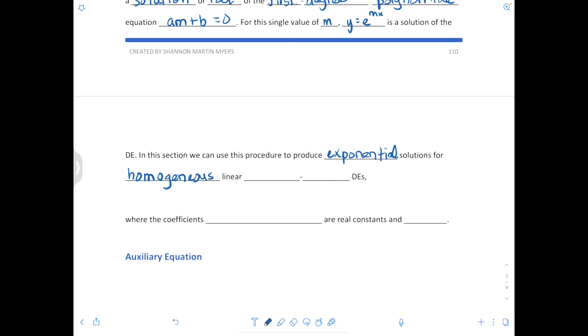What we learned before were just first order linear DEs, but now we can apply this to homogeneous linear higher order DEs in the form a sub n times the nth derivative of y plus a sub n minus 1 times the n minus first derivative of y, continuing until you get to a2 y double prime plus a1 y prime plus a0 y is equal to 0.